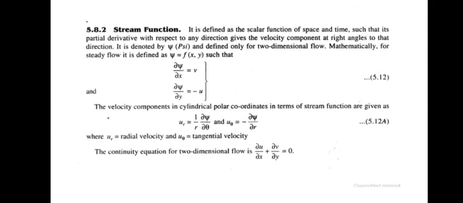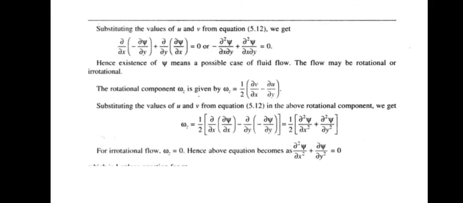The continuity equation for the two-dimensional flow is ∂u/∂x plus ∂v/∂y is equal to 0. We have already studied this in the continuity equation. Okay. Now substituting the value of u and v from the stream function, we have the equation ∂/∂x of (minus ∂psi/∂y) plus ∂/∂y of (∂psi/∂x) is equal to 0.